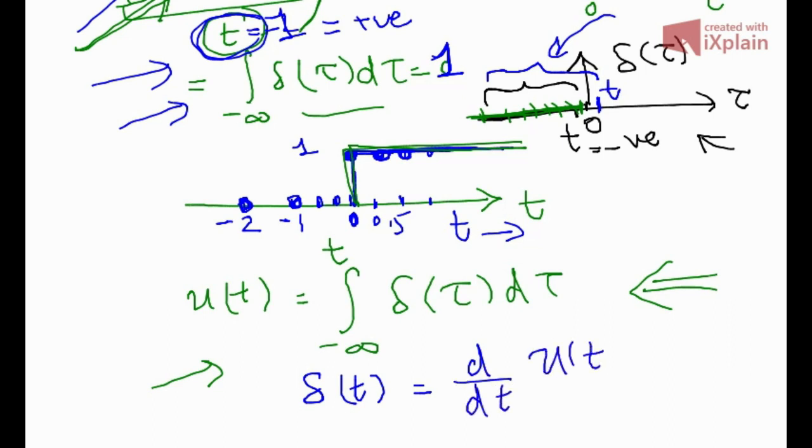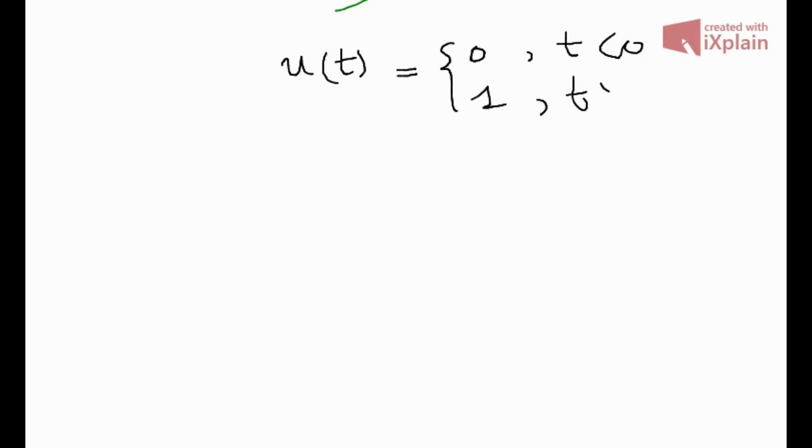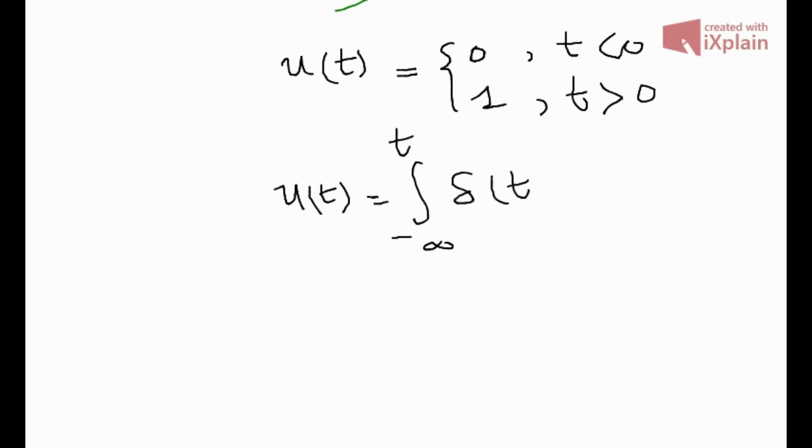of the unit step function. We can define the unit step function as 0 for t less than 0, and unity for t greater than 0, or rewrite it mathematically in terms of the impulse function.